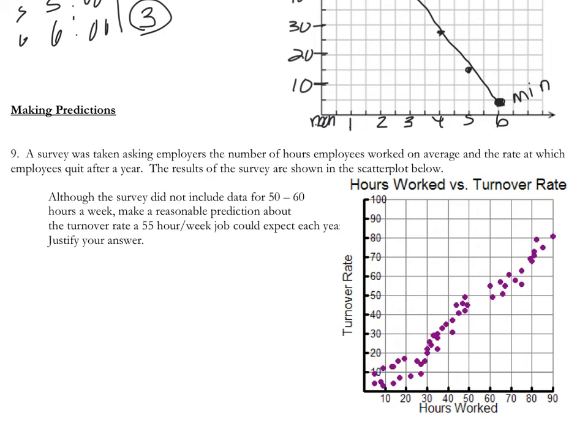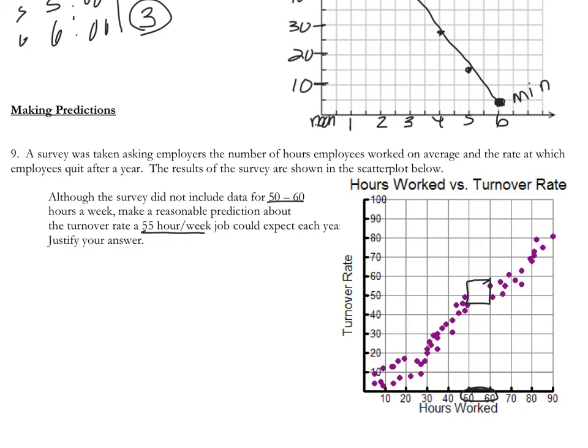Although the survey did not include data for 50 to 60 hours a week, so right here, that's why we have that blank here, 50, 60 hours worked a week. Make a reasonable prediction about the turnover rate at a 55-hour week job.